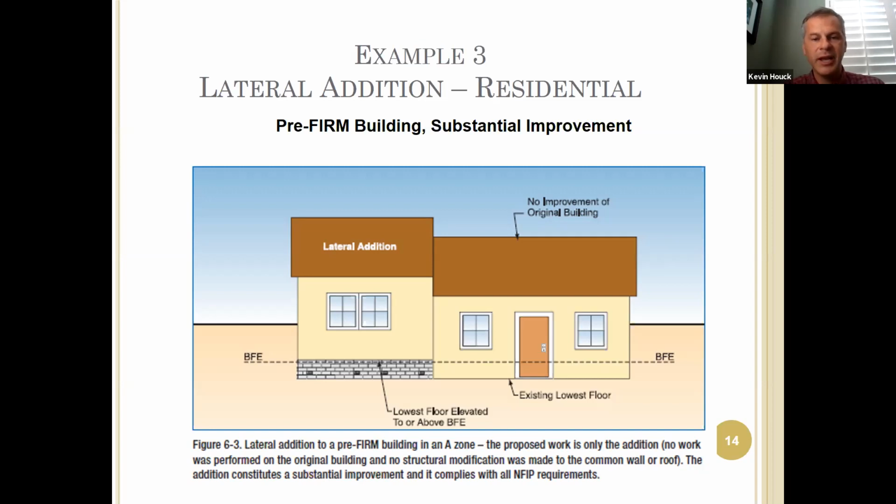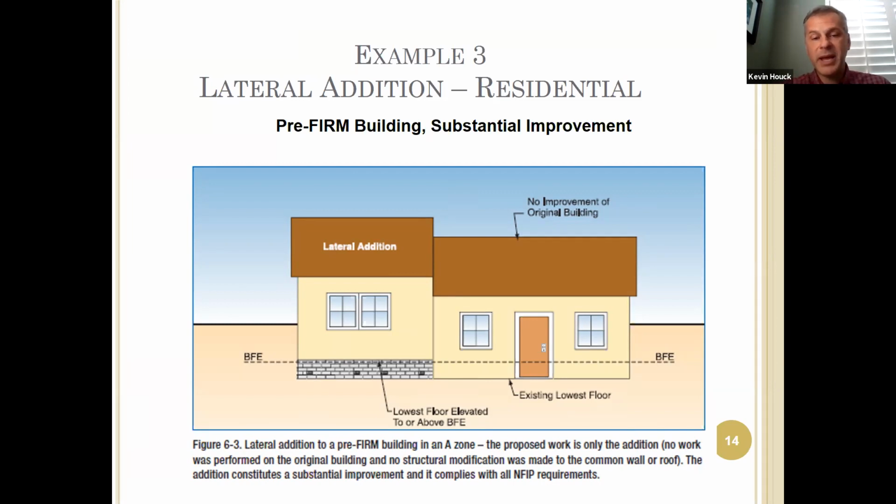Okay, so you've still got a structural wall in the middle that hasn't been knocked out. You probably have a set of stairs leading from the original building to that lateral addition. And because that structural wall has not been modified and there's no improvements to the original building, you actually are allowed in this case to keep the original building where it's at.